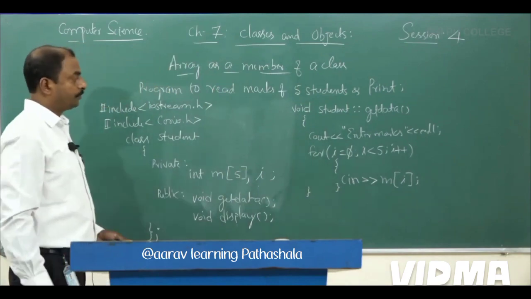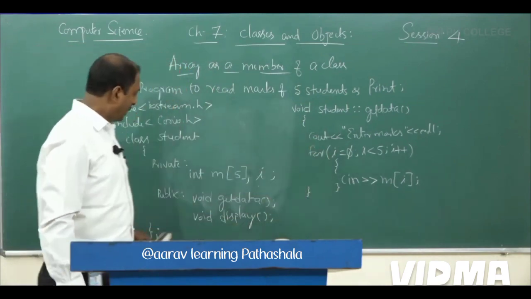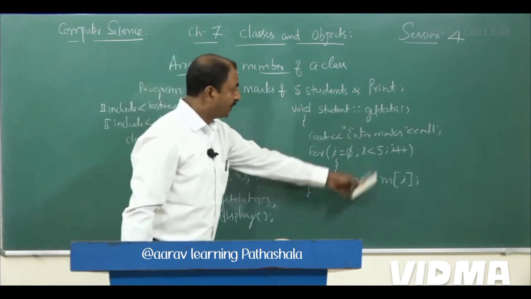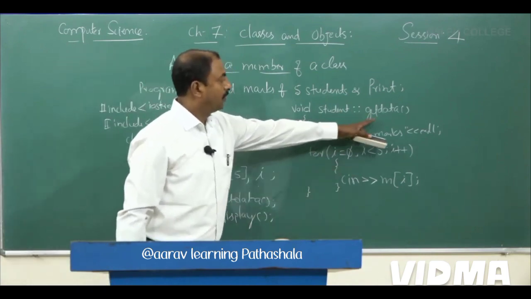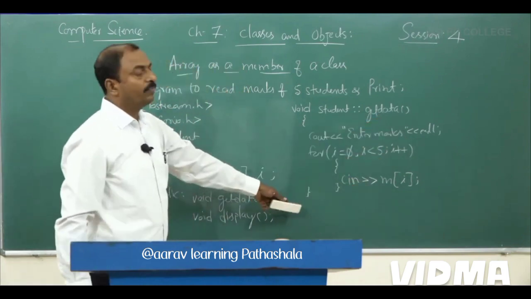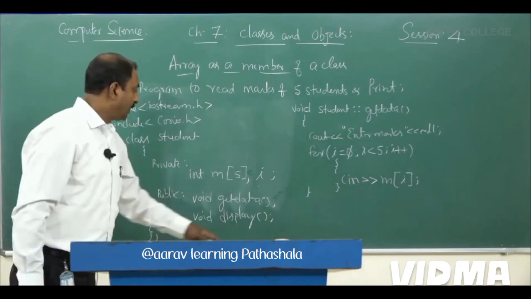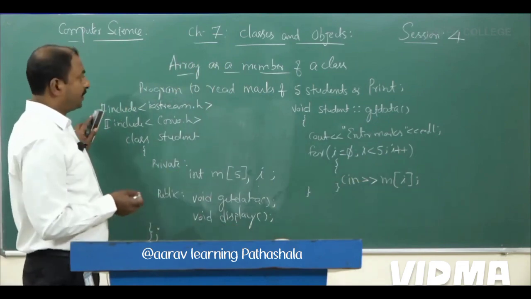So this is one function we have defined outside a class. So this is the function definition of the get data function. Similarly, now we have to write one more function, void display. Okay, let me write here itself.